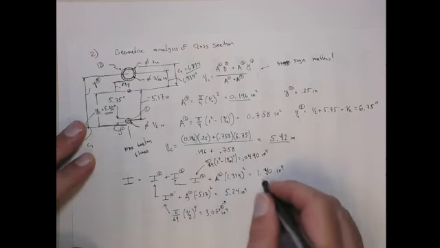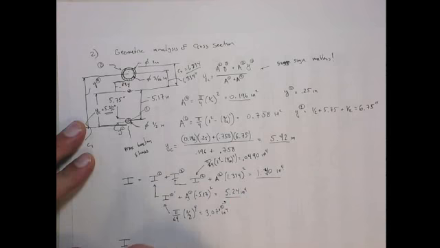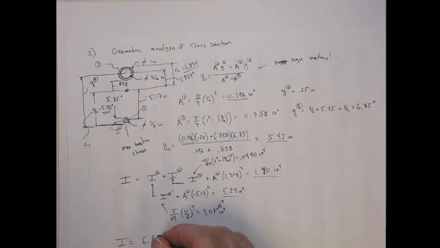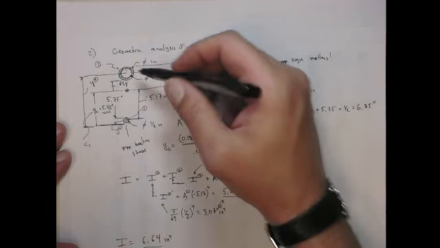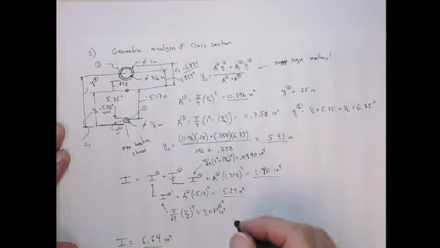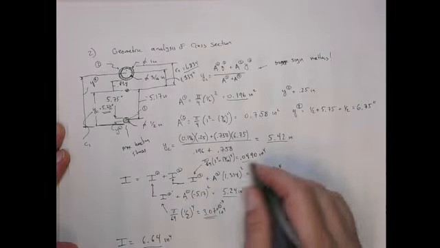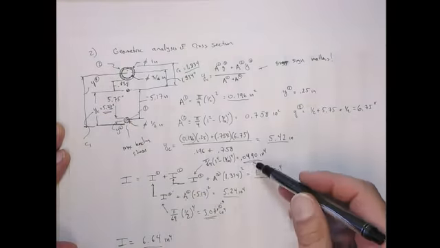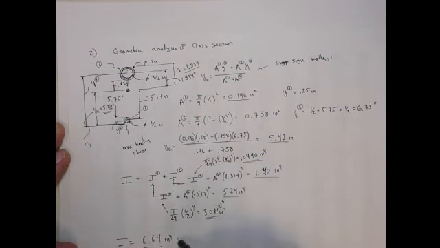So the total I is this number plus this number. So the total I is 1.4 plus 5.24, or 6.64 inches to the fourth. So you can see these bodies by themselves have very small I's, right? But when you space them off this distance, you can see the I of the total section goes up 1, 2, 3 orders of magnitude, okay?